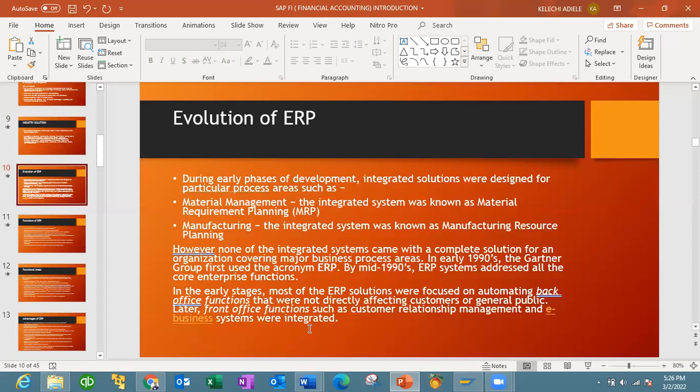Things like relationship management and e-business are quite innovative and unique in their functionality, so it was later that they started introducing these. Of course, now you have SAP trying to integrate AI and machine learning into its software.